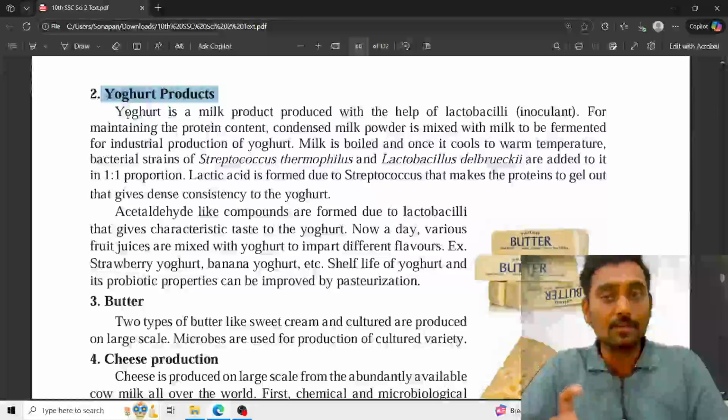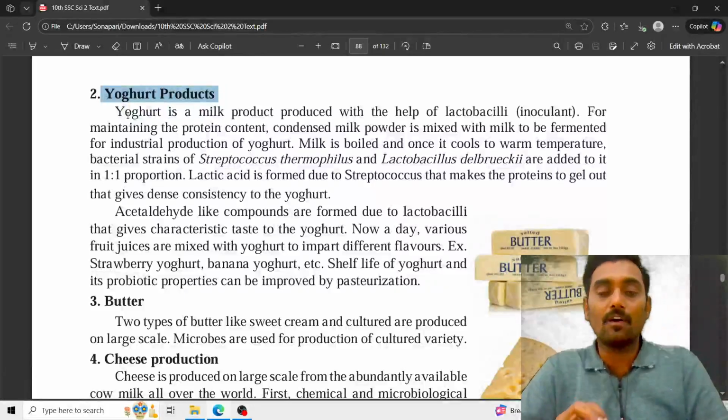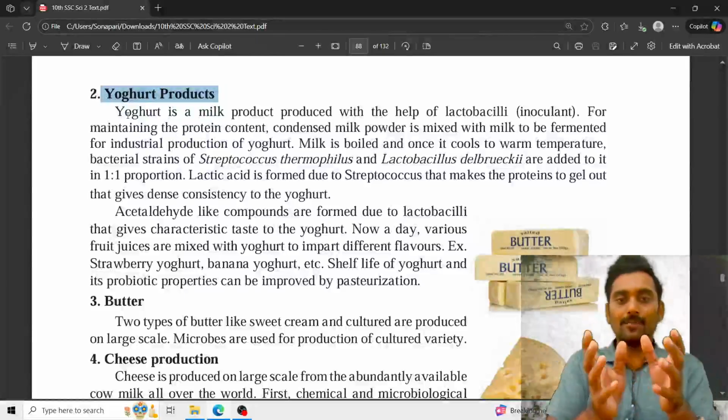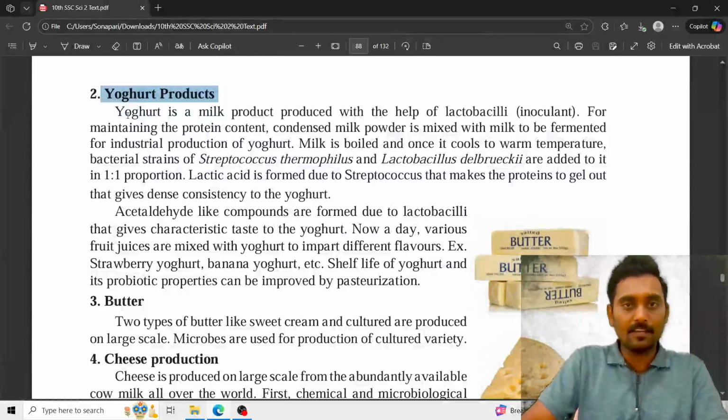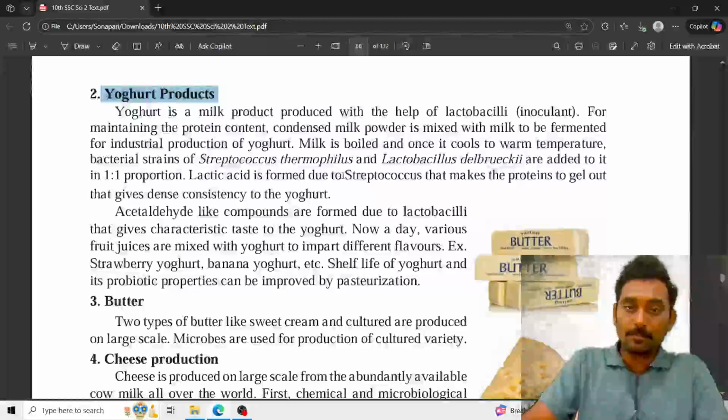The protein is converted into gel that gives the dense consistency to the yogurt. Now the yogurt becomes very thick and dense. Because of whom? Because of Streptococcus.